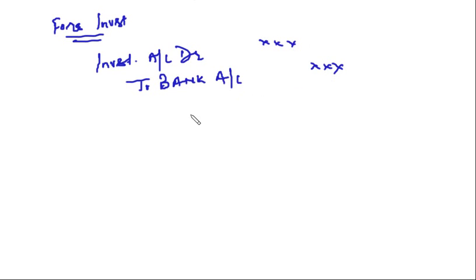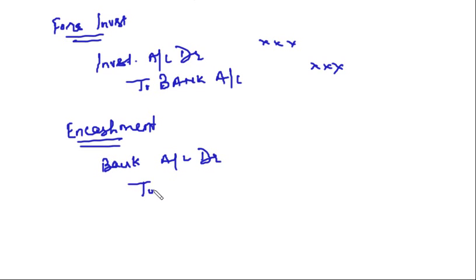Then at the time of encashment, bank account debit to investment account. Clear? So these are your journal entries for investment in specified securities, that is debenture redemption investment.